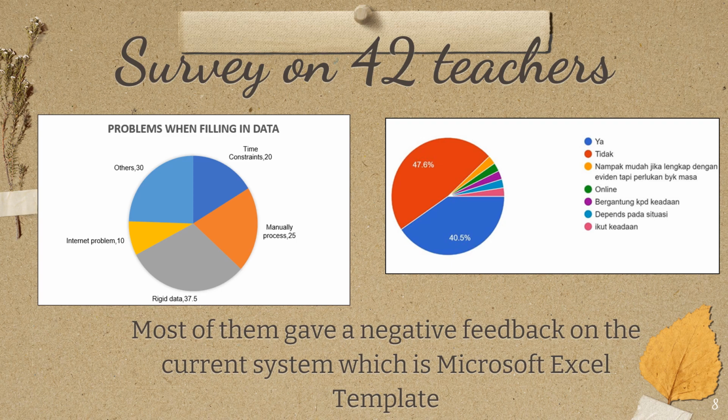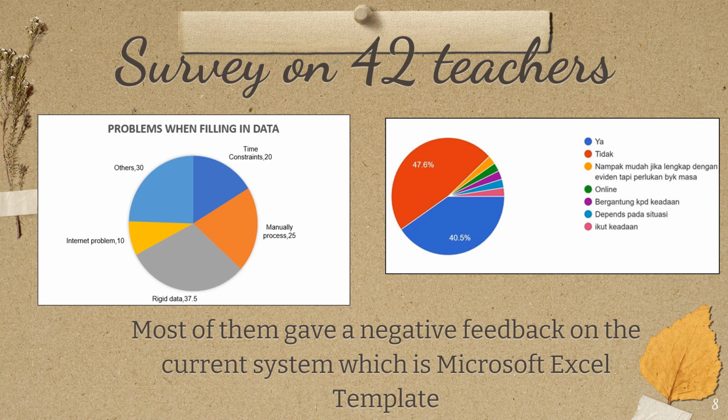Rigid data problem is 15 people out of 42 respondents involved with this survey. 10 people stated that the problem of filling in the data manually is quite troublesome for them. There are also those who stated the problem of weak internet, and there are also some people that chose others. On the right side, this is the pie chart of filling in the data manually.